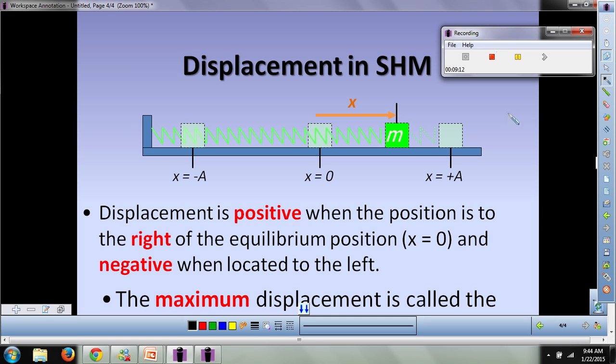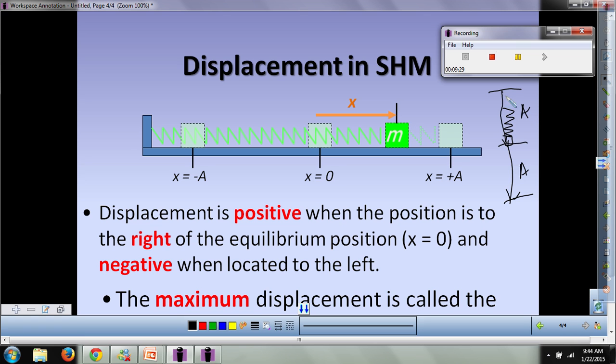We had a picture where you had the block right there, and it was just hanging. That's the rest position. So if it falls all the way down, that's the amplitude from here to here. And if it rises all the way up, that's the amplitude from here to here. So this is the same exact thing, it's just done horizontally instead of vertical. Not a big deal.